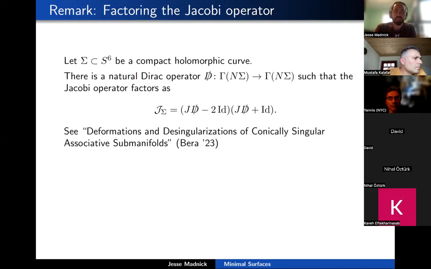So for example, what this tells you is that the variations in the null space of the Jacobi operator really come in two types. There's the type for which this is 0, and then there's the type for which this is 0. So the eigenspaces of the Jacobi operator split into these two pieces.